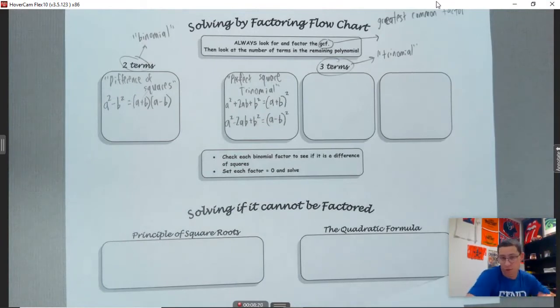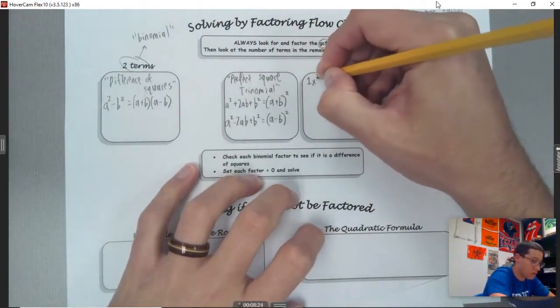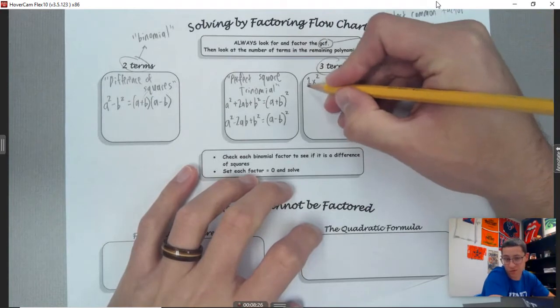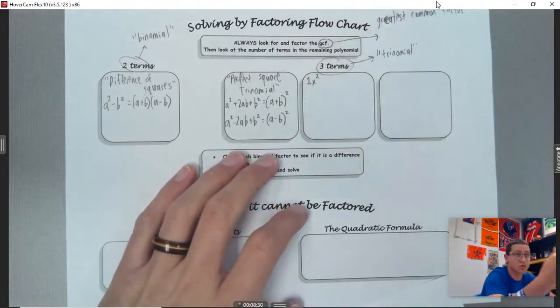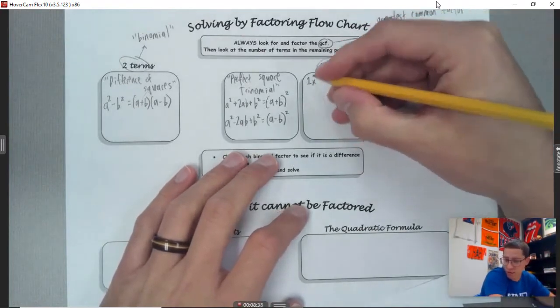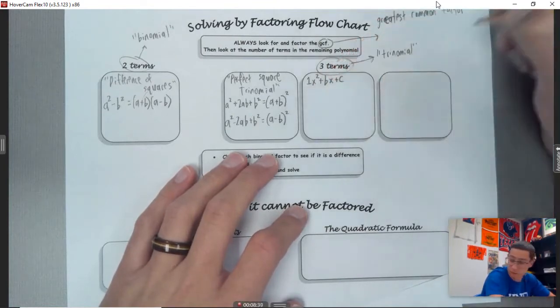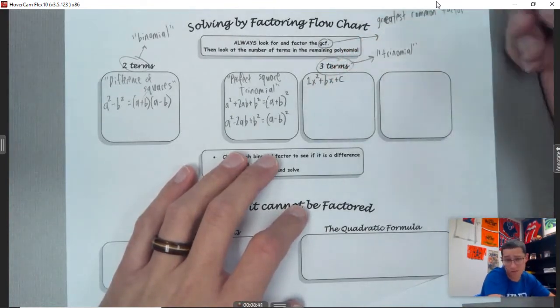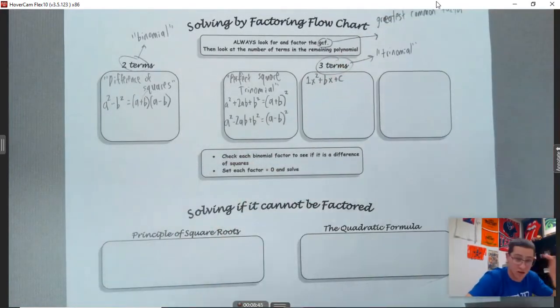Another form that you may see this in is where you've got a 1 out in front. Maybe that 1's invisible. You do not have to write that 1, but I'm just showing you that your leading coefficient here is 1. And then plus bx plus c. Now this could be factored into, well, those examples, hopefully we can remember these.